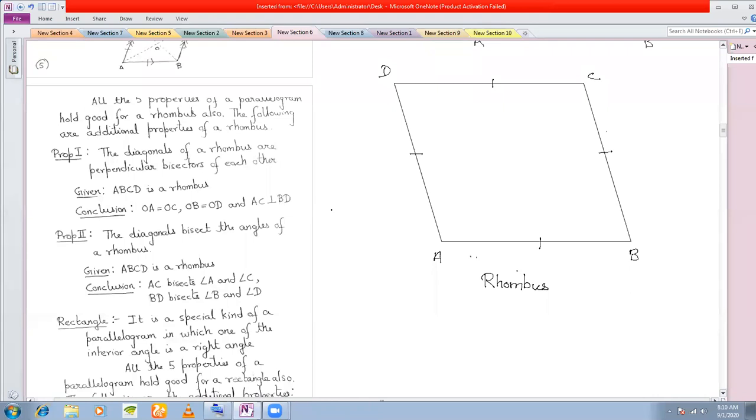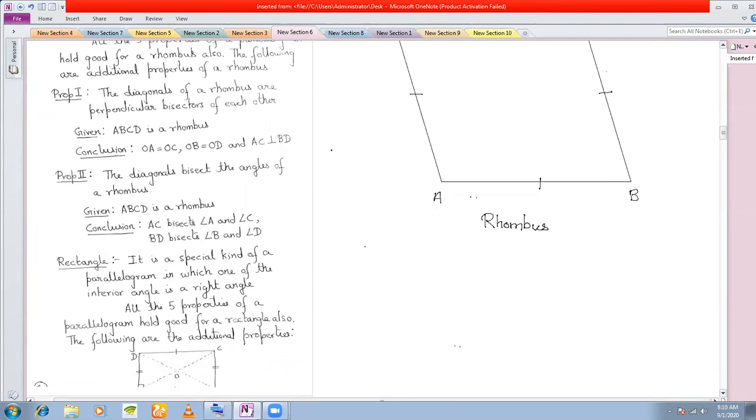Okay, all the properties, all the five properties and its converses, whatever we had discussed on the parallelogram, all will hold under your rhombus. All the properties of a parallelogram hold for a rhombus as well.